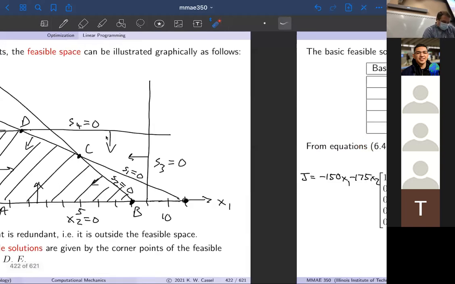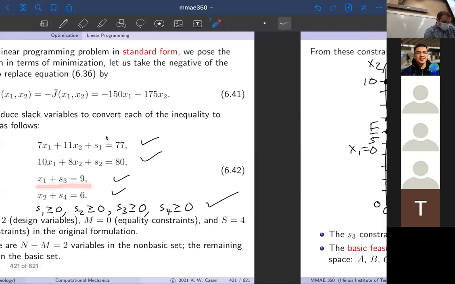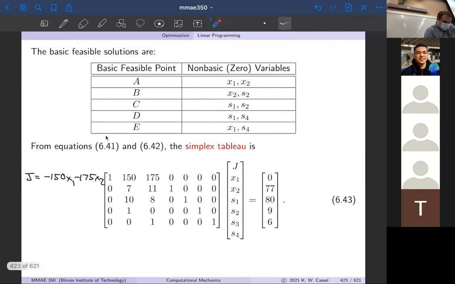And then the last two, I have X1 plus S3 is 9. So 1 times X1 plus 1 times S3 is equal to 9. And then finally, 1 times X2 plus 1 times S4 is equal to 6.